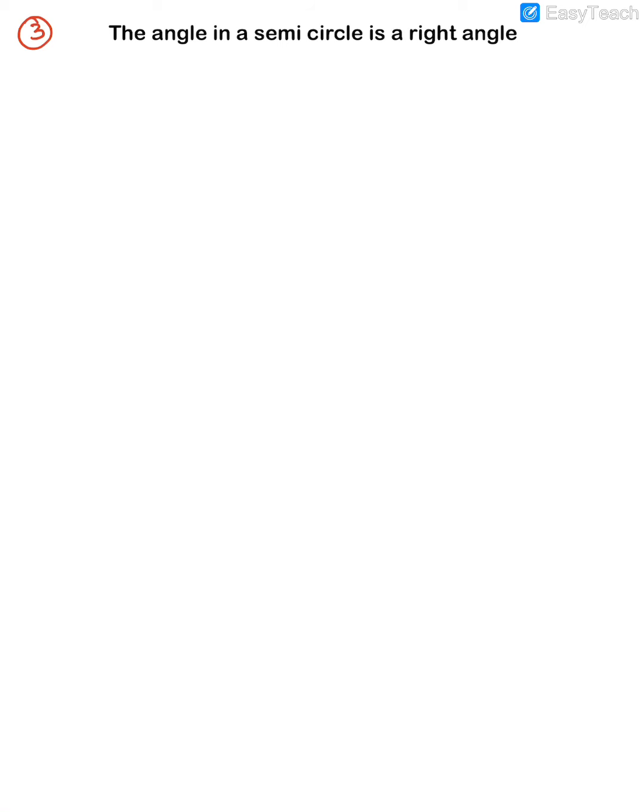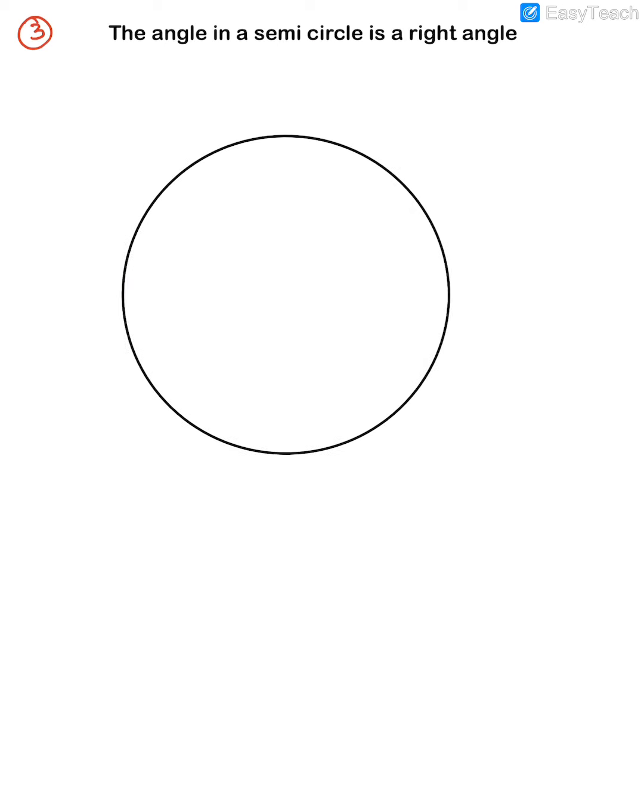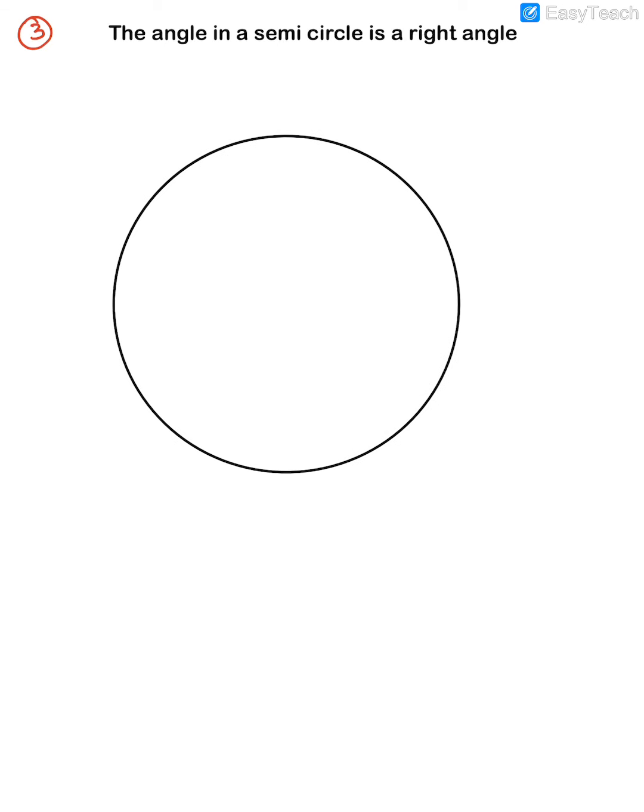So now angle in a semicircle. So I'll just draw a circle first out here. Now they said angle in a semicircle. So this is the part of a circle, right? So I'll mark the center out here. So diameter is AB. Then there is a point P here.